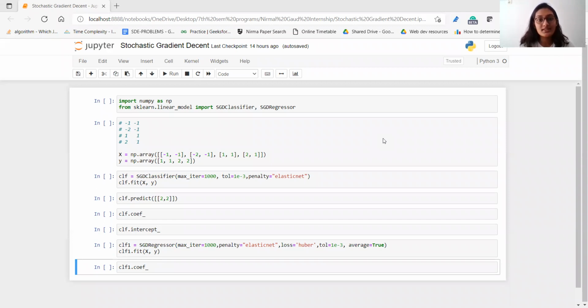It is a simple yet efficient optimization algorithm used to find the values of parameters, coefficients of functions that minimize a cost function. In other words, it is used for discriminative learning of linear classifiers under convex loss functions such as SVM and logistic regression.